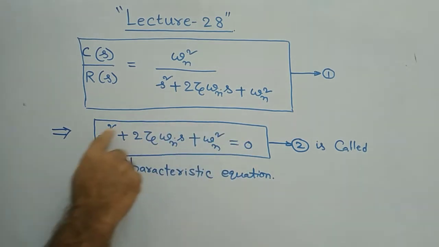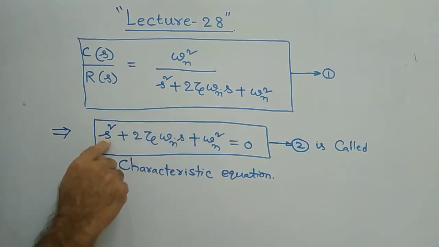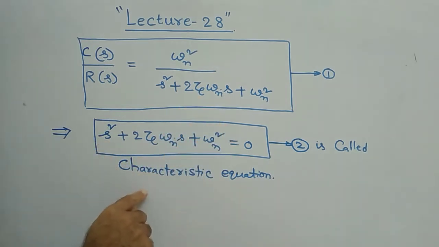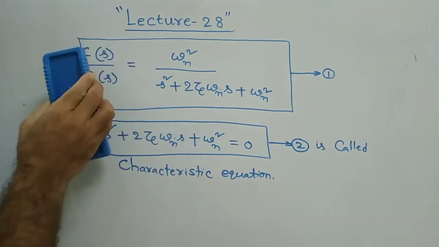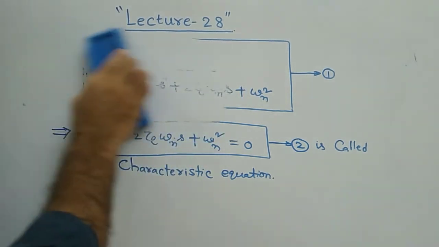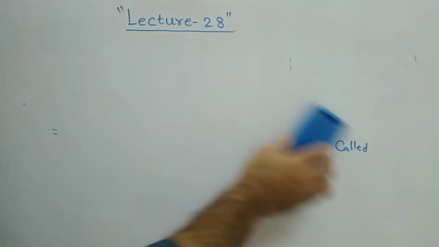Definitely this equation will have 2 roots, meaning S will have 2 values, S1 and S2. Let us see what those roots are.